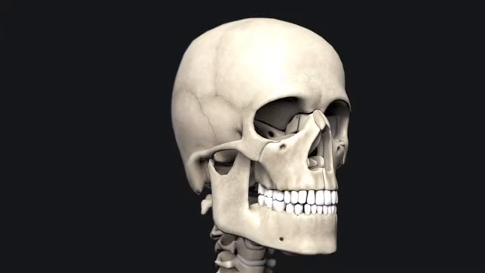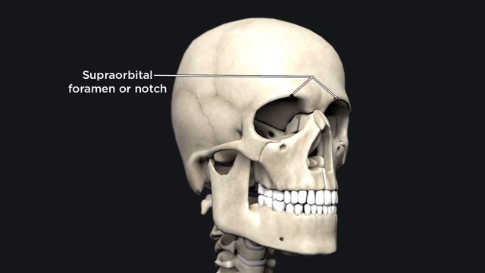Let's start externally with some of the major openings. There's a supraorbital foramen or notch just above each eye orbit. In some people, it's a foramen, and in others, just a notch at the edge of the orbit roof. Below each orbit are corresponding infraorbital foramina, satisfying the rule of adjectives.